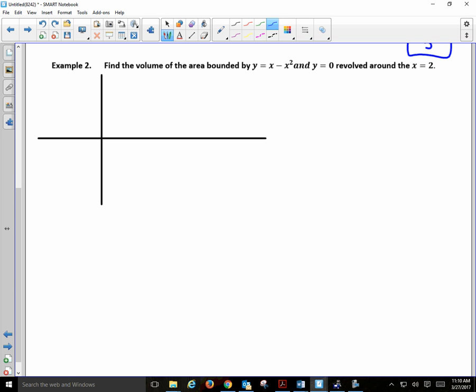All right, next one. We'll get it at least set up. What does this shape look like? Upside down parabola is going to travel through 1 and x, right? Or 1 and 0, right?